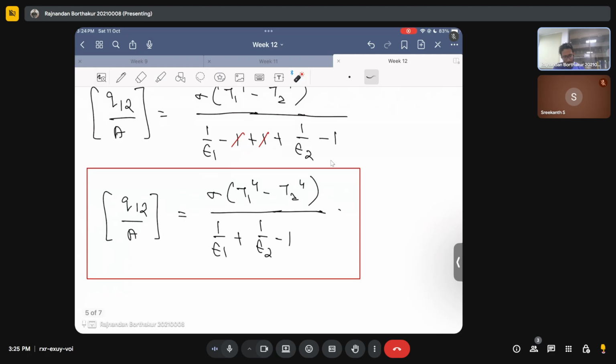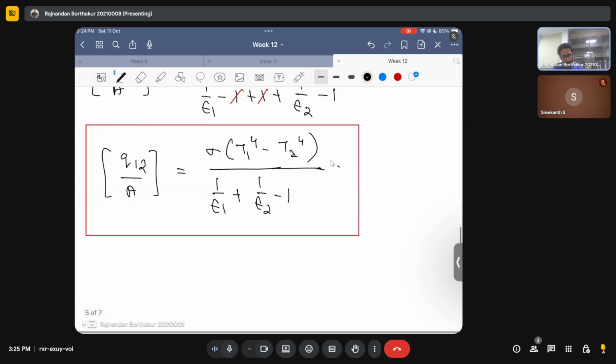All right. And you can make a quick assessment out of here that these are for the case when the bodies, or the plates, whatever you say, bodies 1 and 2 are real surfaces.